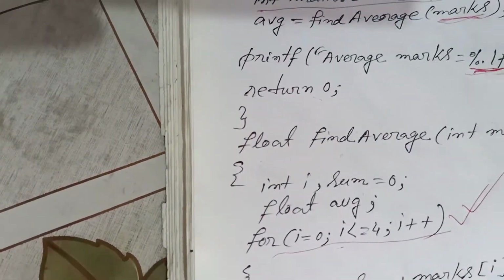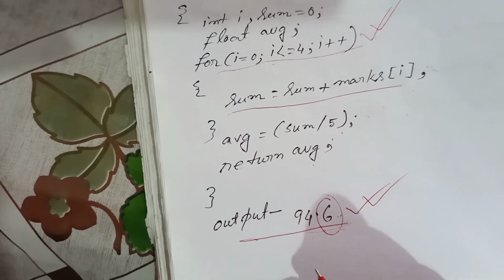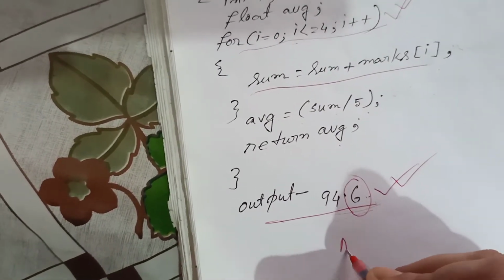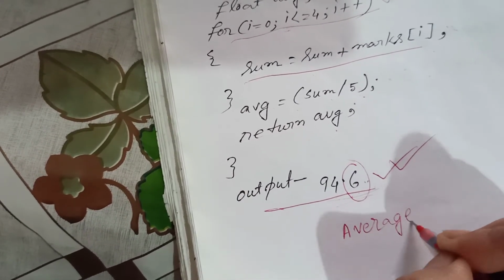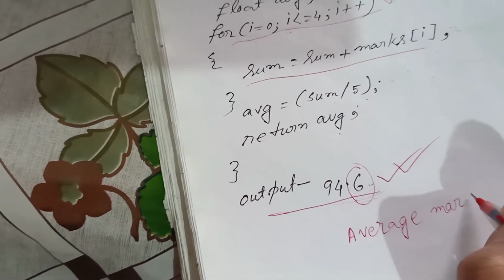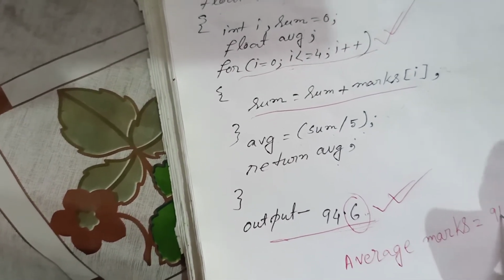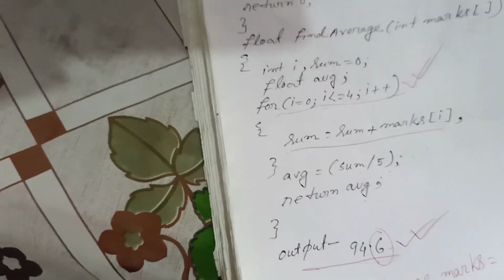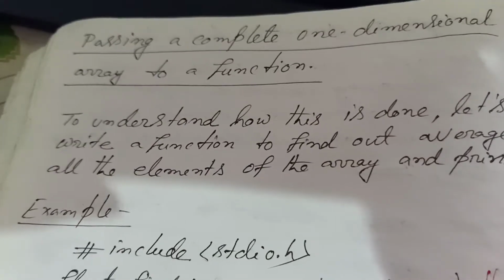So the output will be like that: Average marks equal to 94.6.